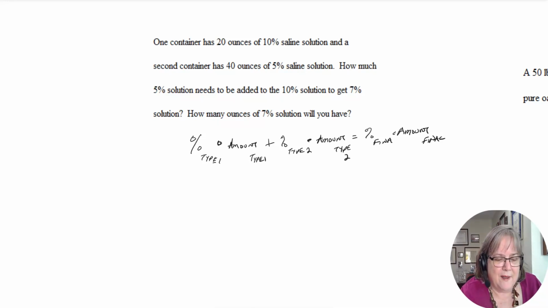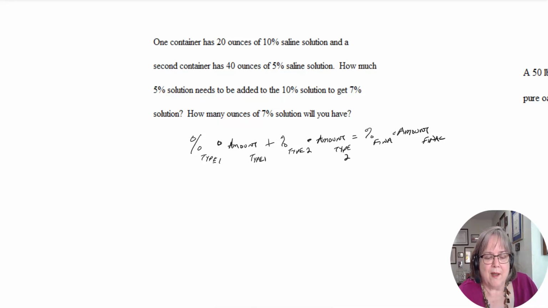Alrighty, and it says, let's see what we've got. One container has 20 ounces of 10% saline solution, and a second has 40 ounces of 5%. How much 5% needs to be added to the 10% to get 7%? All right, now there's a lot of implied information in here.